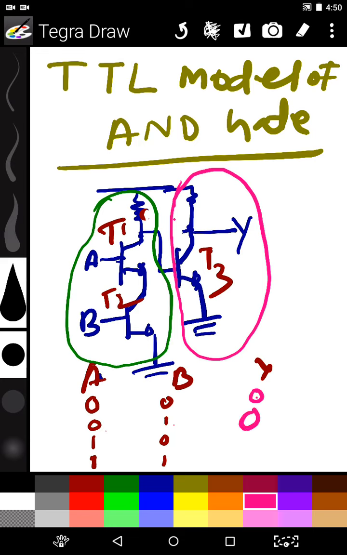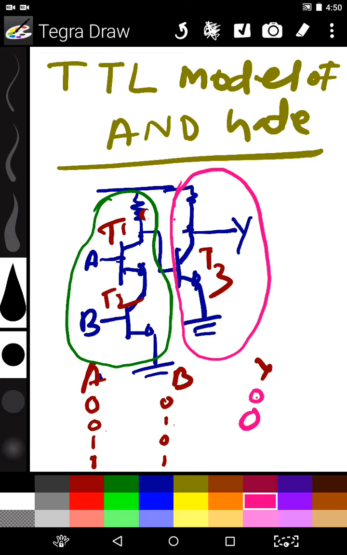0. Next, when A is 1 and B is 0, input A equal to 1 means transistor T1 is on, and B equal to 0 means transistor T2 is off. The first stage collector terminal of transistor T1 is not able to be grounded because the T2 transistor is in off condition.